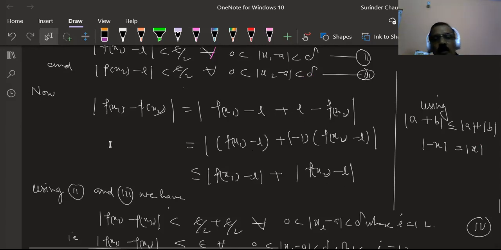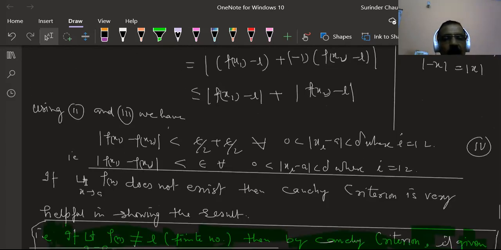Now, using the third and fourth, this is less than epsilon by 2, and this is less than epsilon by 2, for all x with 0 < |x - a| < delta. Using both results, |f(x1) - f(x2)| is less than epsilon for all 0 < |xi - a| < delta, where i is 1 to 2.